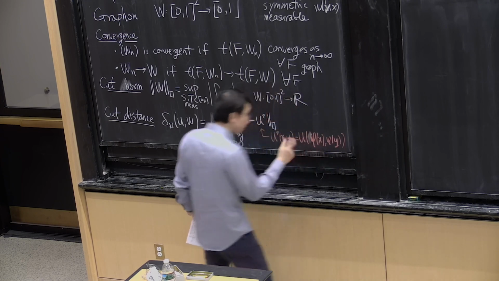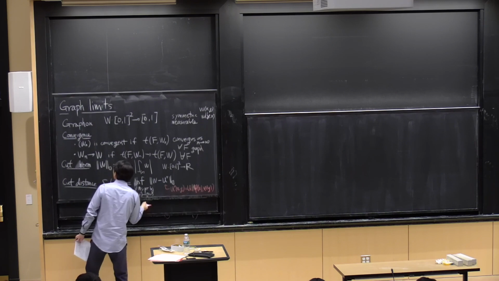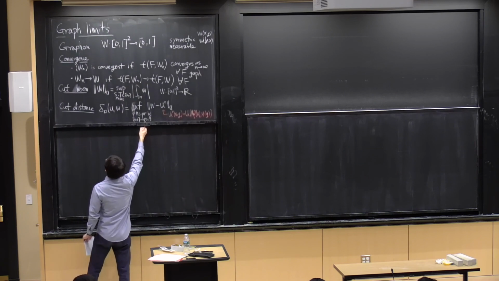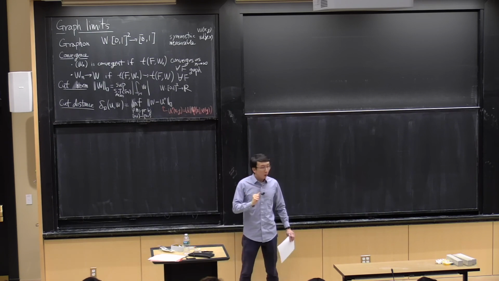So think of this as permuting the vertices. These were the definitions that were involved last time.